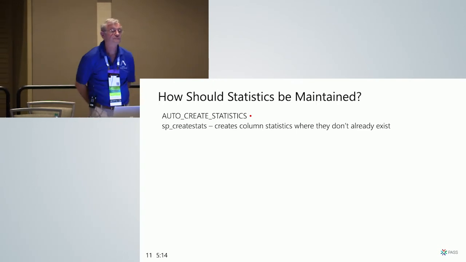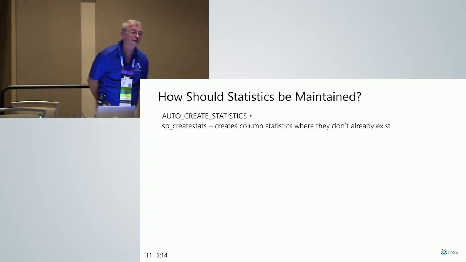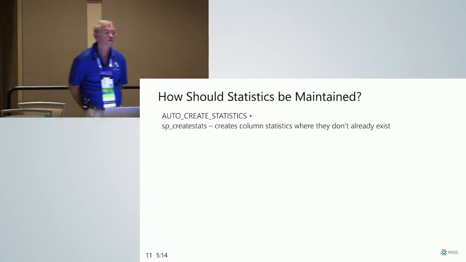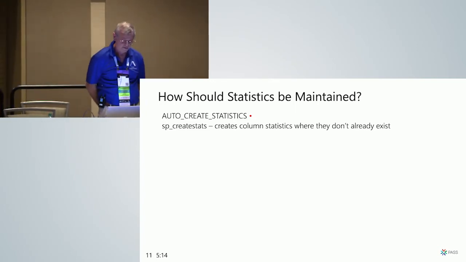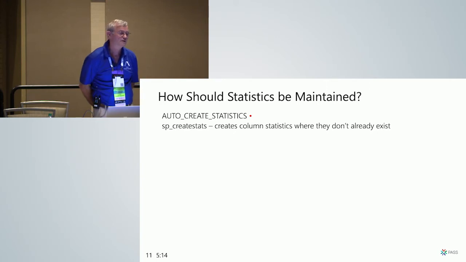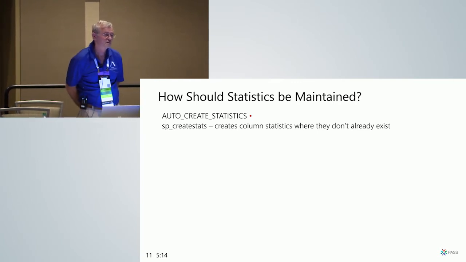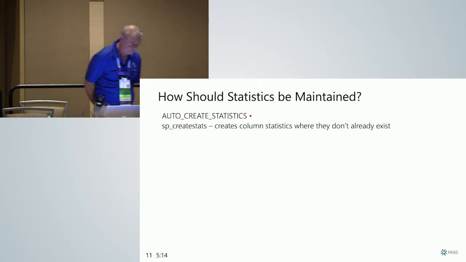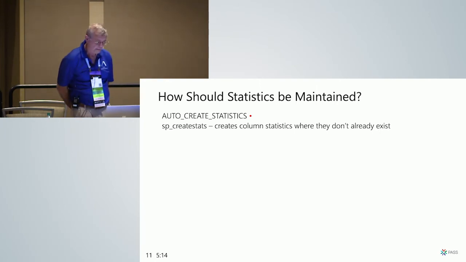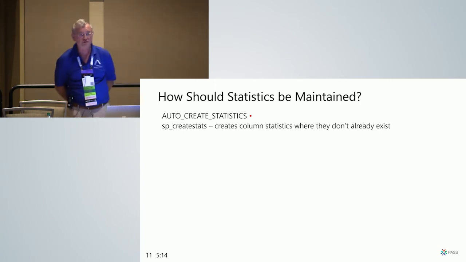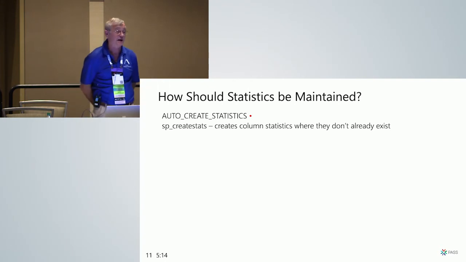Yes? When do you know that the statistics are going haywire? Because I had a production issue where we had enabled all those statistics, but that statistics quality was so low that it was generating a bad query plan, and then we turned it off and we are now manually running update statistics every day. So when do you know in advance when statistics are bad and need to be updated?